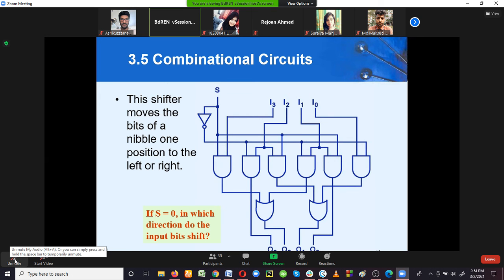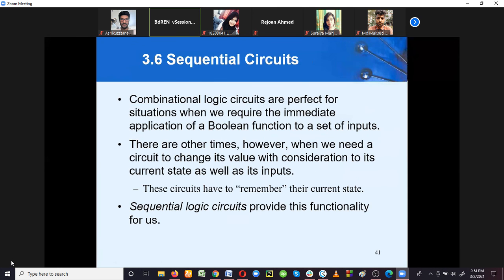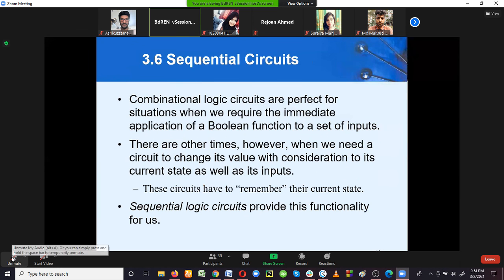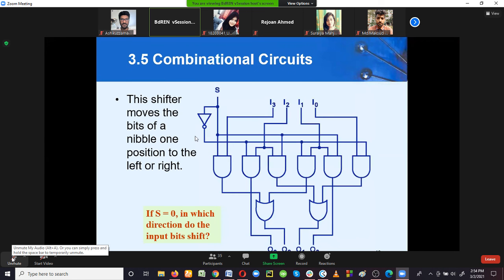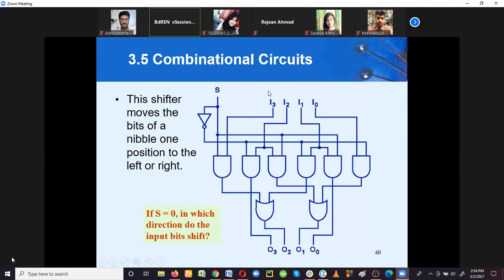This shifter moves the bits of a nibble one position to the left or right. So this is the work of the shifter. If I ask you the work of the shifter, you have to read this slide. These are the inputs I, these are the control lines S, and these are the outputs. So you have to remember this one.